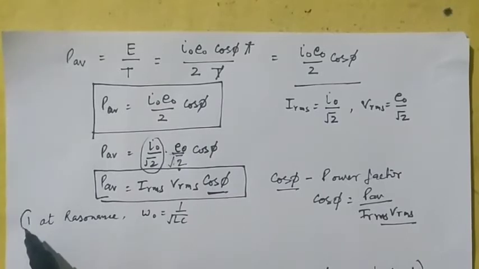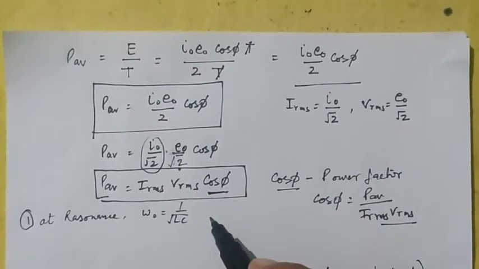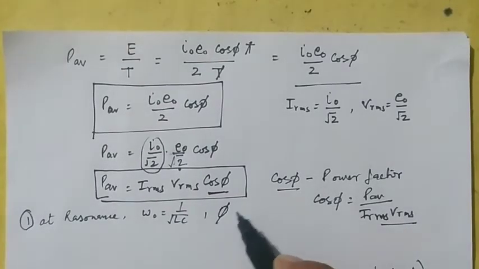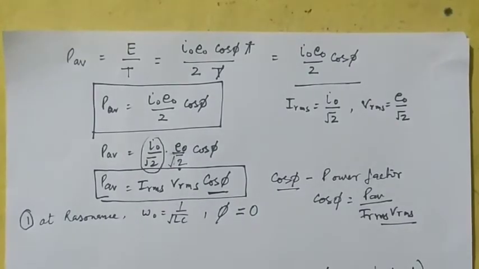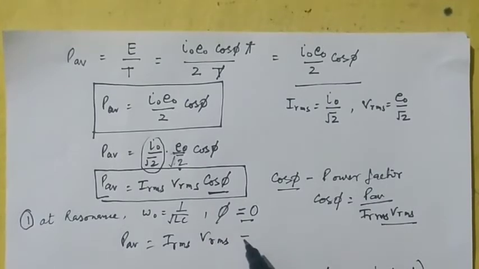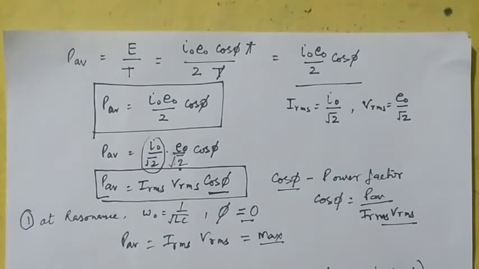So our first case is at resonance. We know that at resonance, the phase difference between the effective value of voltage and current is equal to 0. So then the average power will be equal to IRMS and VRMS. That is the maximum value of average power consumed.